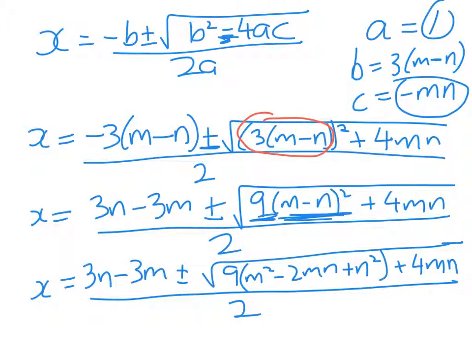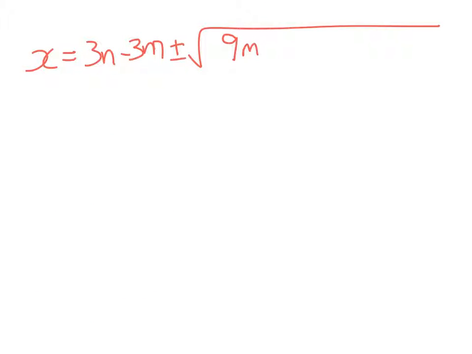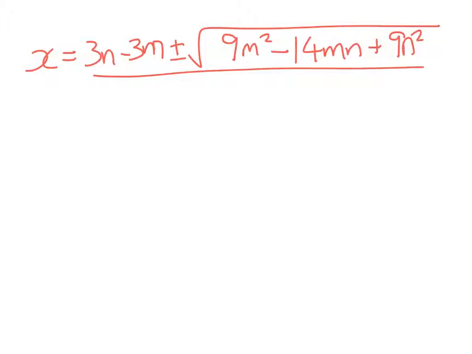So we're just going to do this expansion next and then collect up like terms. So x is equal to 3n minus 3m plus or minus the square root of 9m squared minus 14mn plus 9n squared, divided by 2.